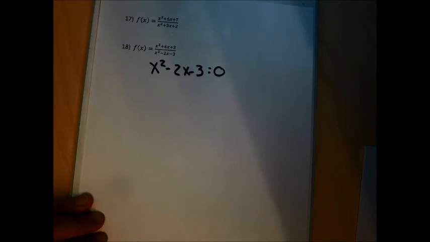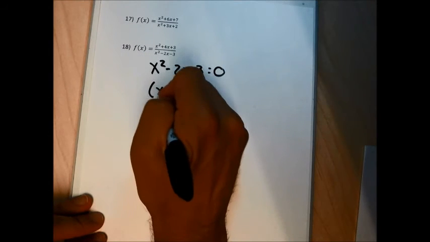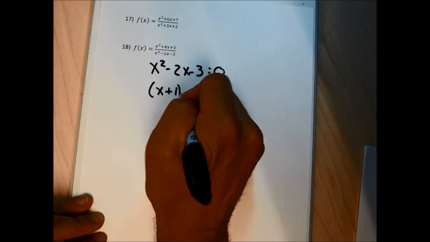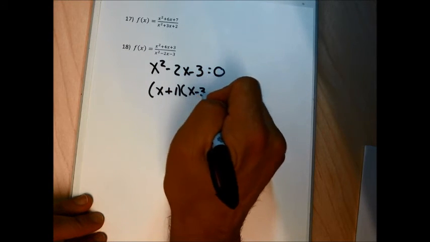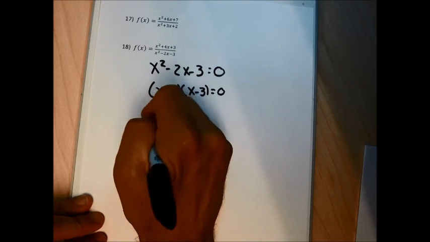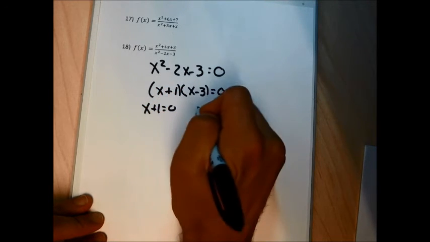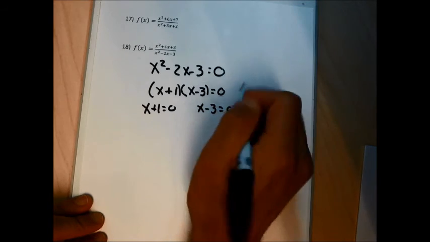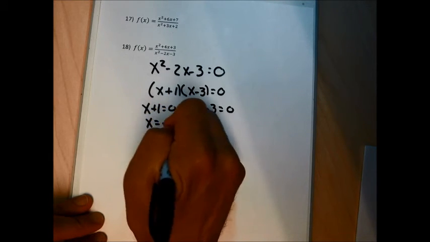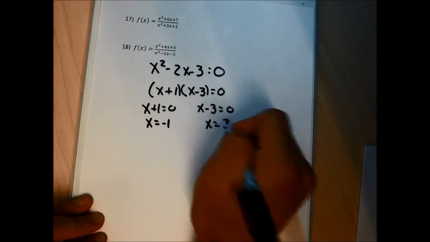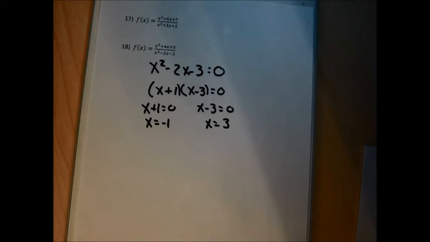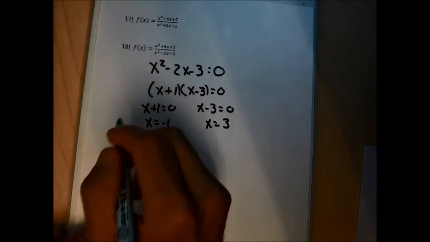Take the denominator, set it equal to 0. I'm going to factor this. I get x equal to negative 1 and x equal to 3. If I took the time to graph this, one of these is going to be a hole, one is going to be a vertical asymptote.